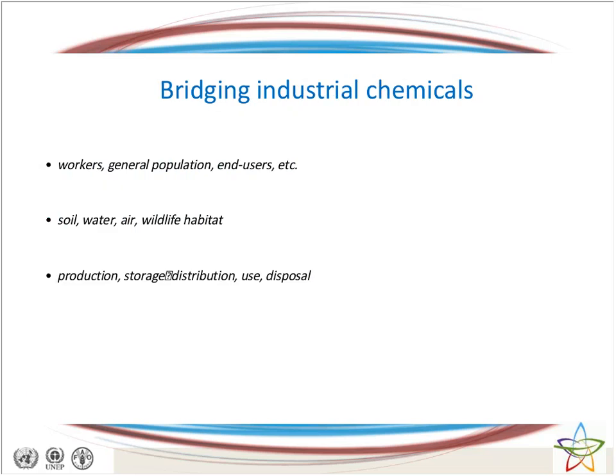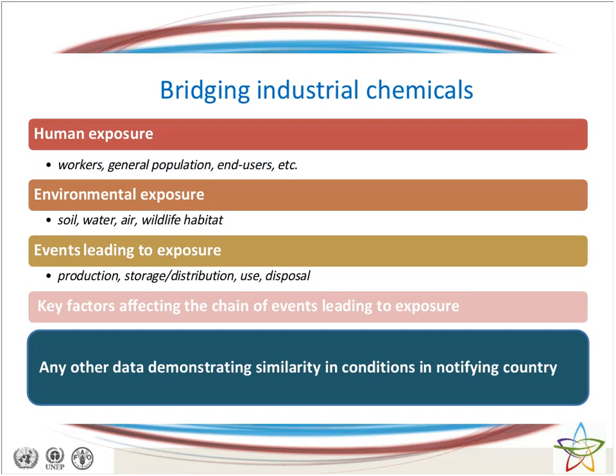Now we consider how to bridge information for industrial chemicals. So again, it's important to demonstrate the human exposure, the worker exposure, the general population, the end users of the industrial chemicals, and possibly to provide data on this, to describe it, but also provide science-based information.